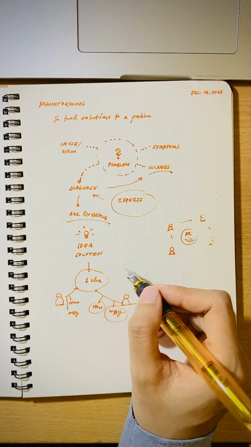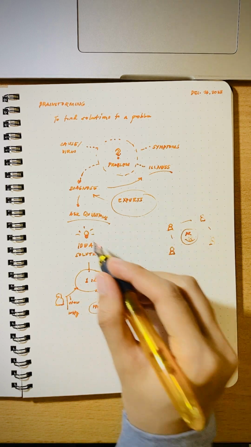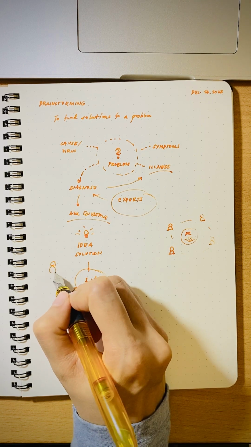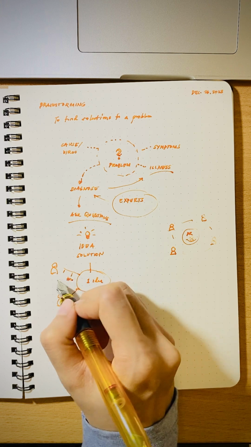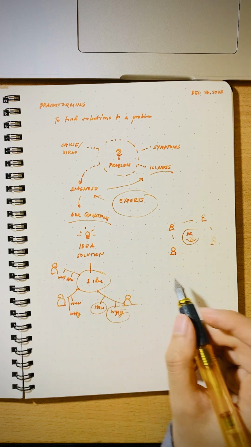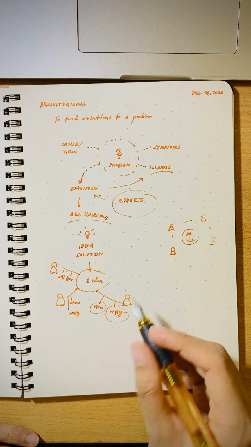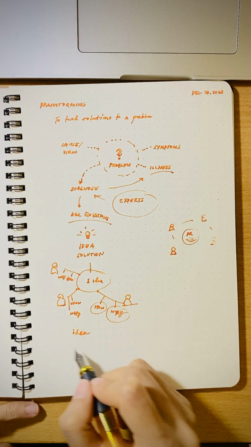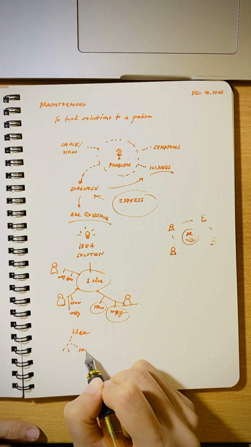So when you're brainstorming, the healthy way of conducting a brainstorming session with other people is to be open to ideas. And how do you become open to ideas? This person could take the idea and have their own how and why.